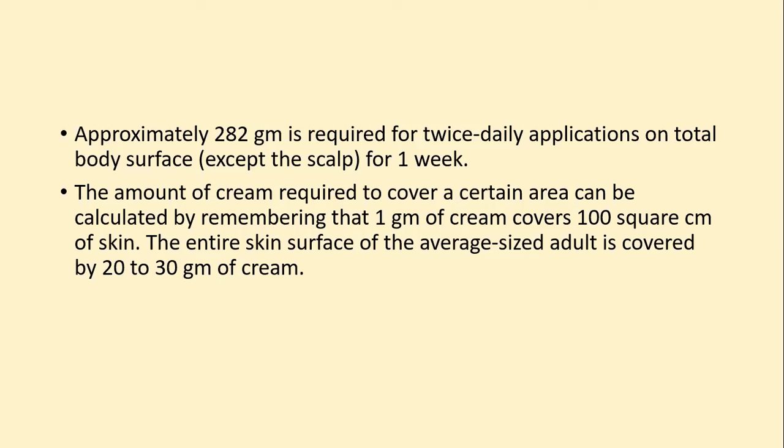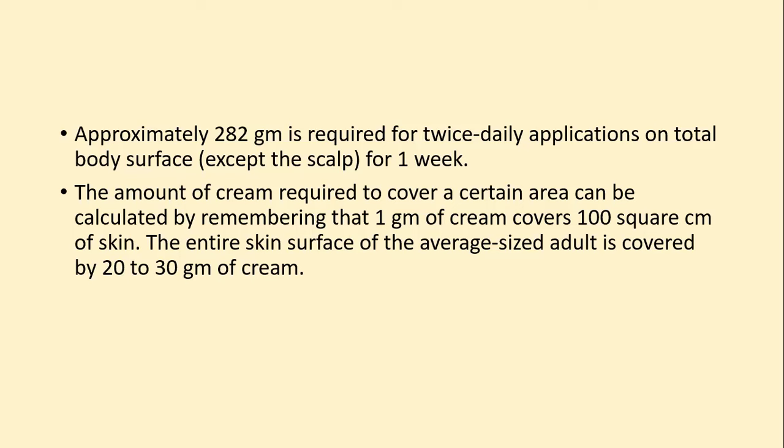Approximately 282 grams is required for twice daily application on the total body surface for 1 week. If you are going to apply the ointment to the whole body, then 282 grams of ointment is required.